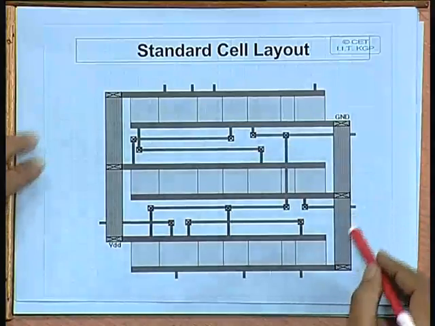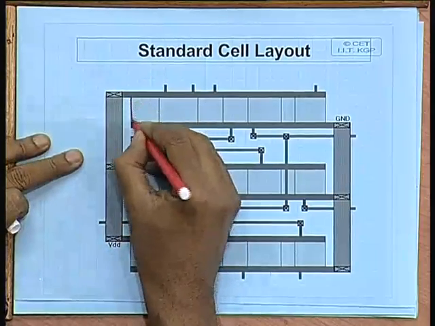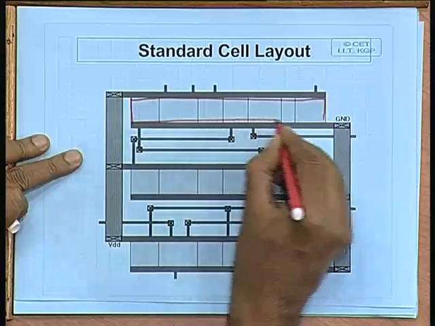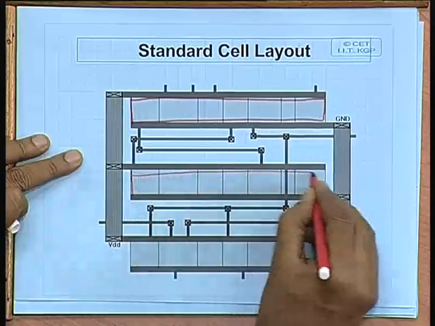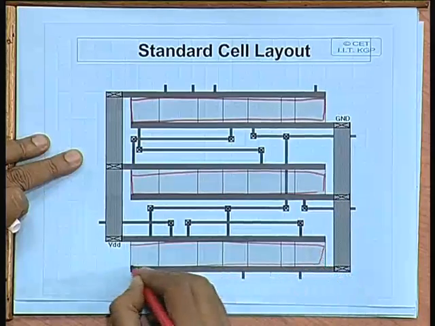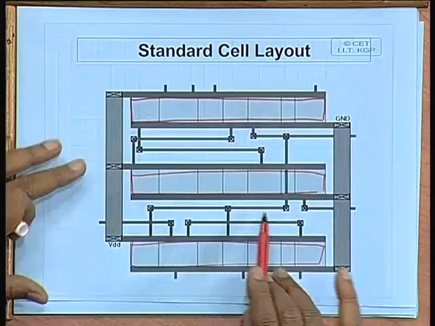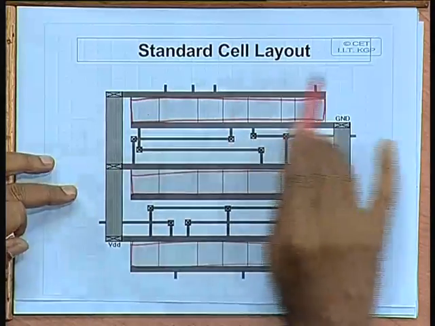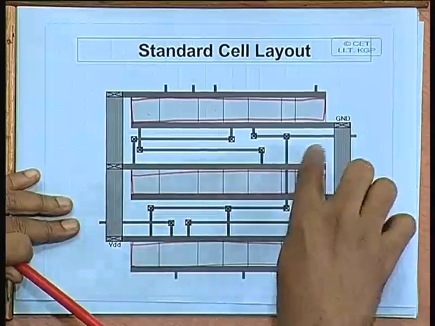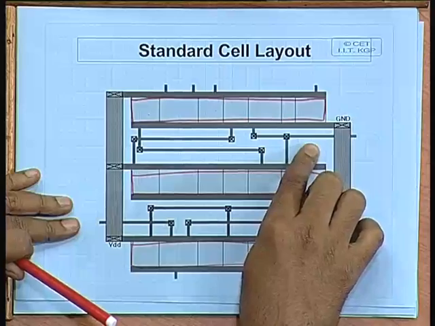I have just given a very simple example. Here these are the rows of the standard cells. So, I have shown 3 rows, 1, 2 and 3. As you can see in these 3 rows there are a number of cells which have been put together, and in a standard cell layout the cells are put in rows and the space between the rows is kept for interconnection or routing.